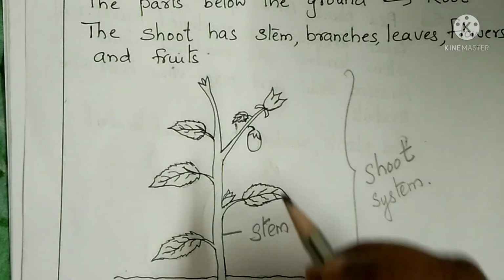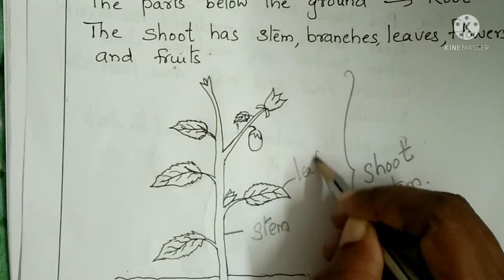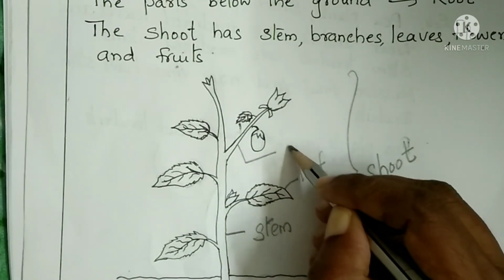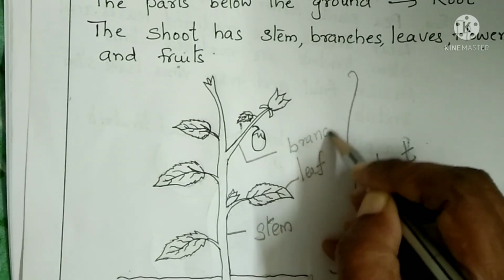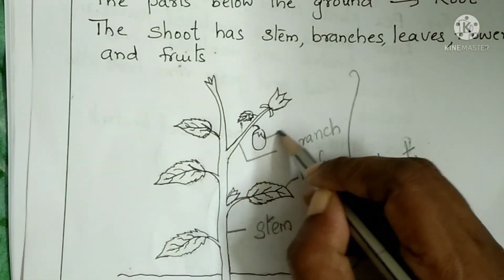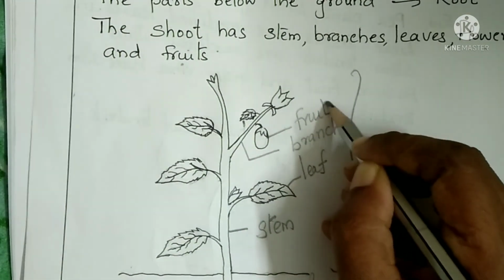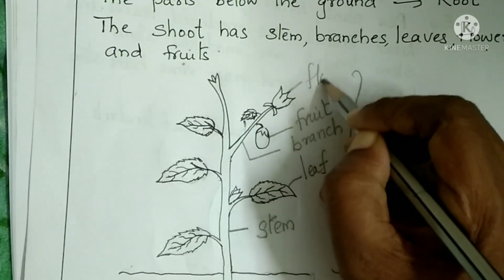Now you know what this is called? This is called the leaf of the plant. And here is a branch of the plant. And here there is a fruit of the plant. Okay. And what is this? This is the flower of the plant.